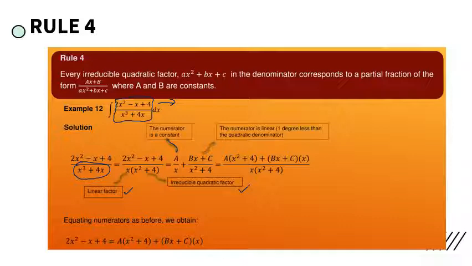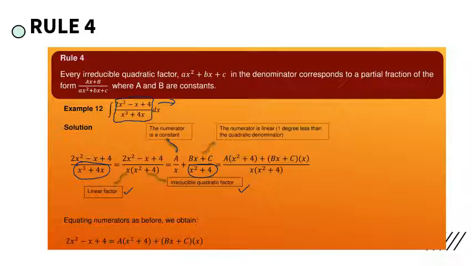Then plus, for the irreducible quadratic factor, the numerator is a linear function, Bx plus C. Because the numerator is one degree less than the quadratic denominator.